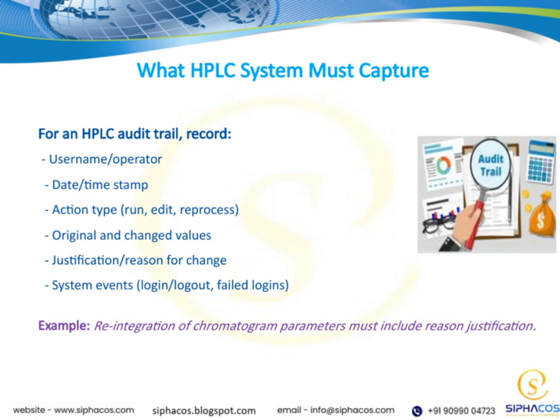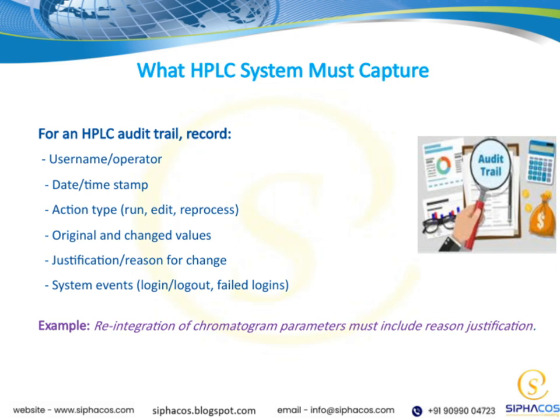Additionally, we should capture both the original values and any changed values to keep a clear record of what was modified. Justification or the reason for each change is equally important, because understanding why a change was made ensures transparency and accountability. Lastly, we need to log system events like logins, logouts, or failed login attempts, as these are vital for security and troubleshooting.